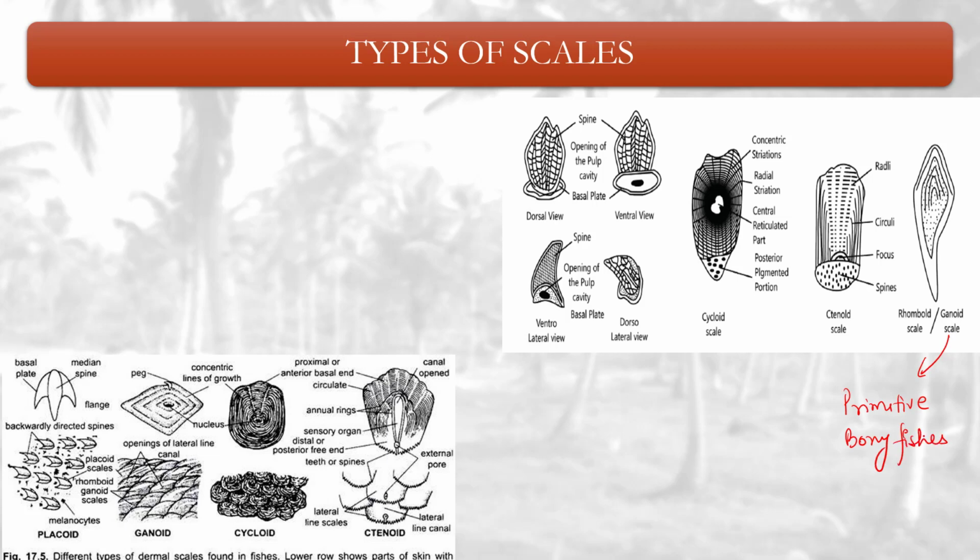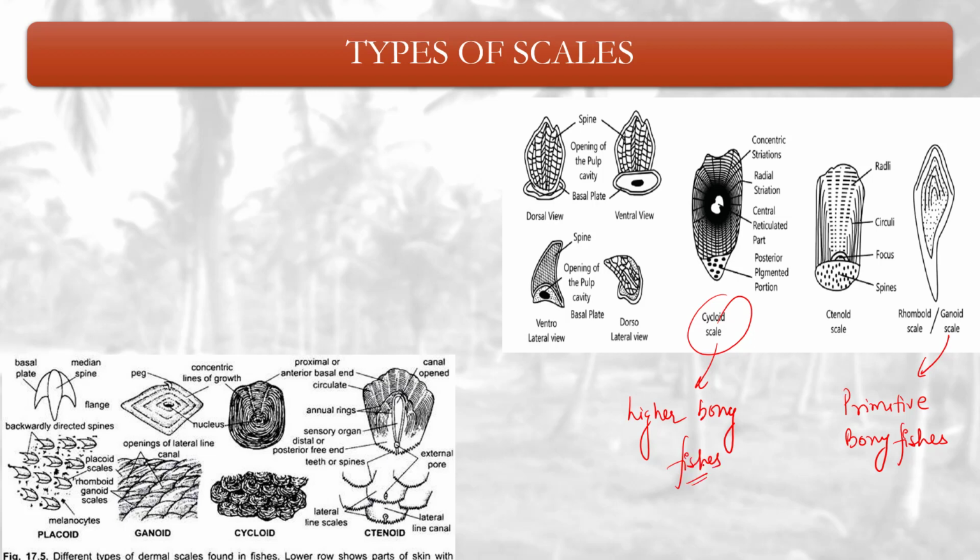Okay, primitive bony fishes, right? Now, the cycloid type is present in higher bony fishes.